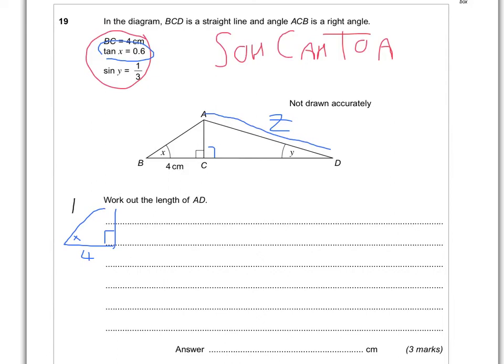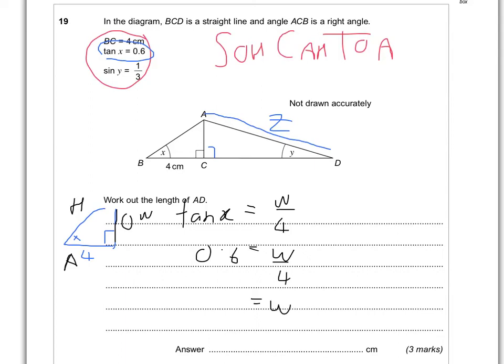So we have the hypotenuse, the opposite, the adjacent. So really what it is, can we find the length of that side, and I'm going to call that W. So the tan of X equals O over A, looking back at the top, which is W over 4. The tan of X is 0.6, so 0.6 is W over 4.